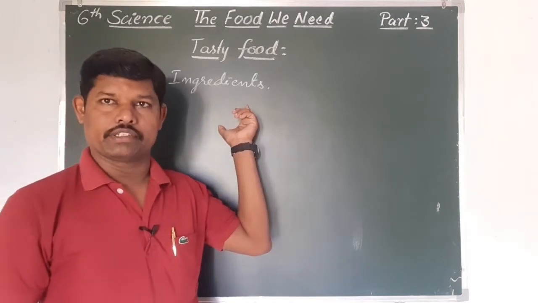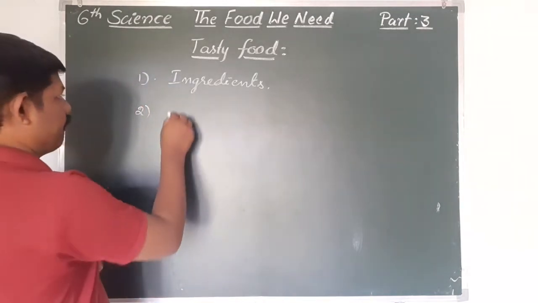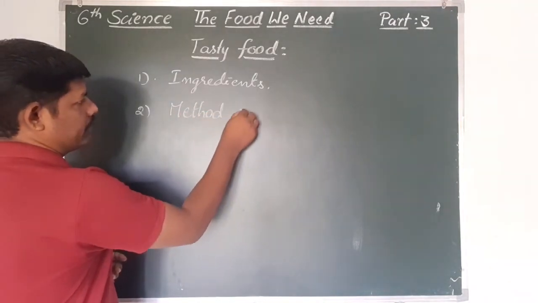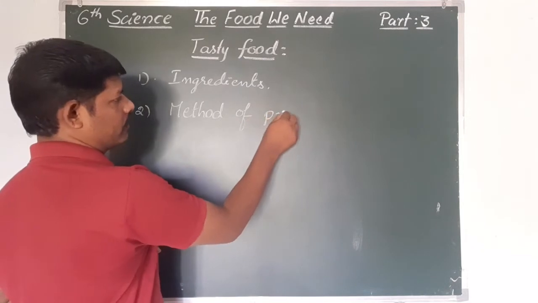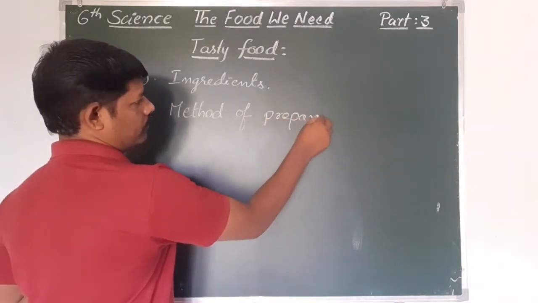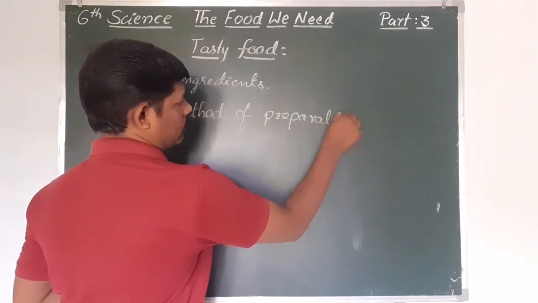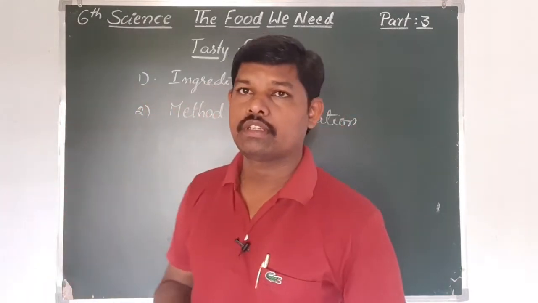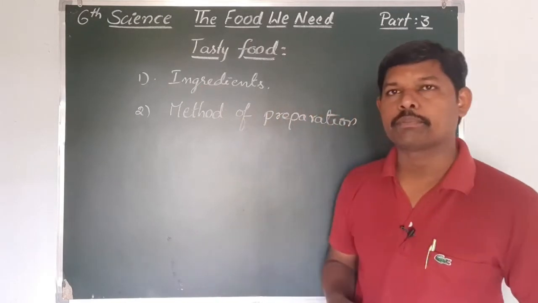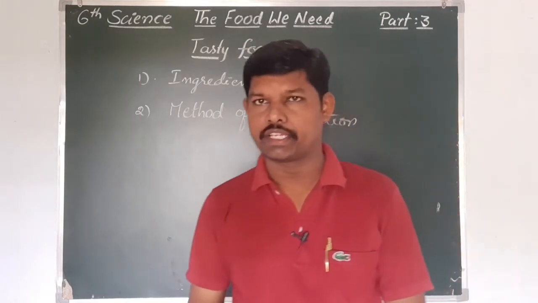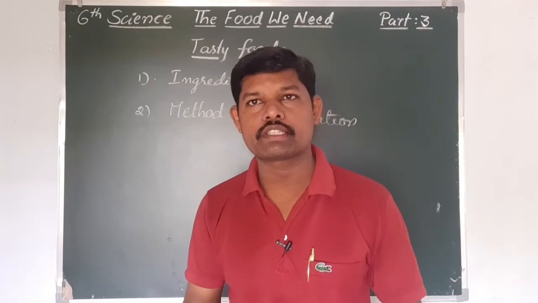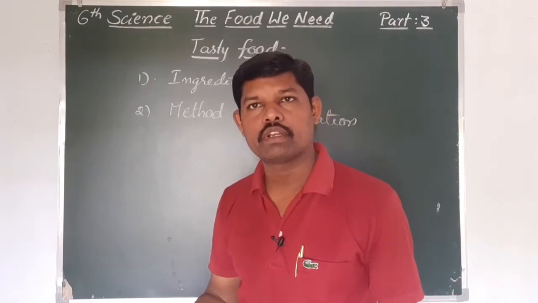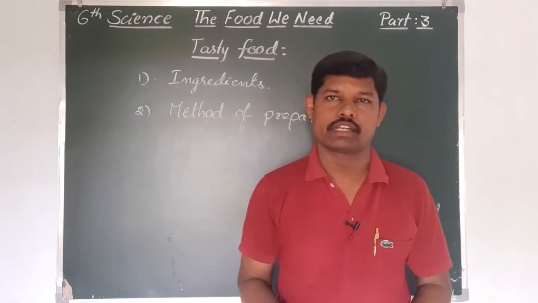And the second one is method of preparation. That means which method you followed. For example, some people always like fry, some people always like pulusu, and some people always like gravy curries.